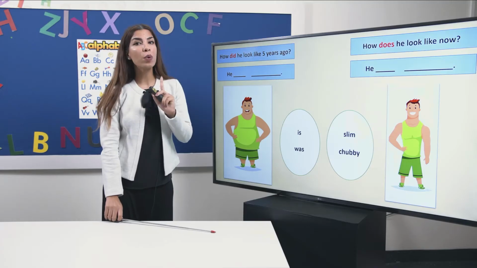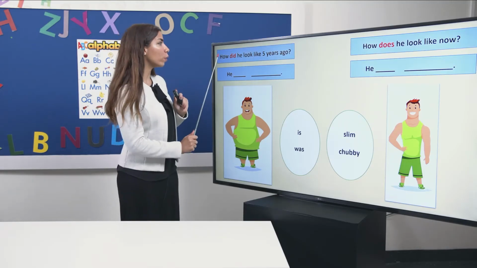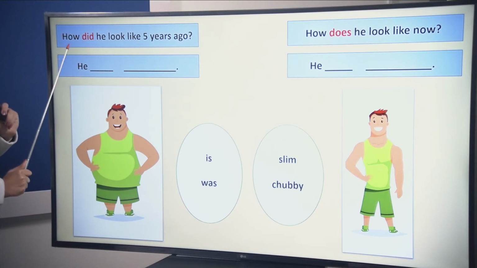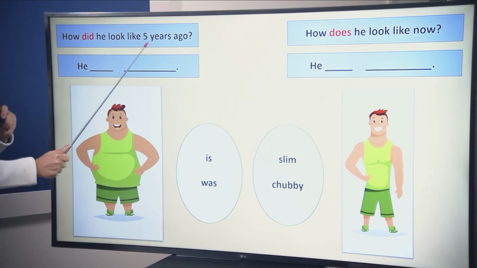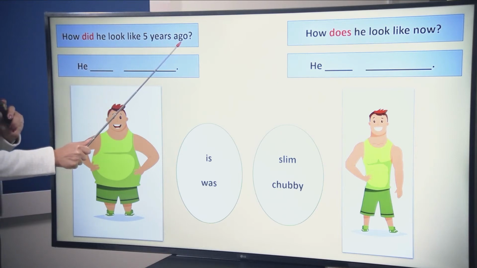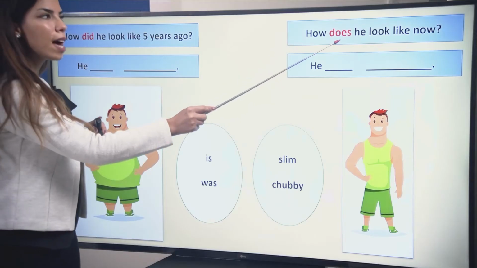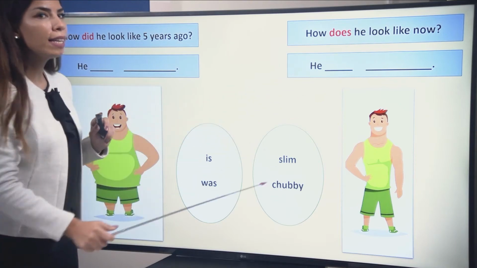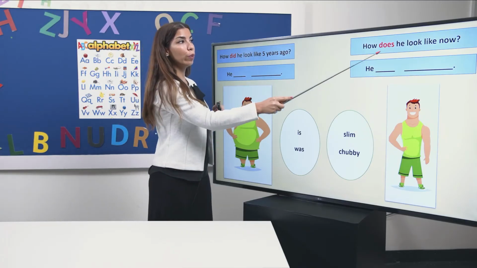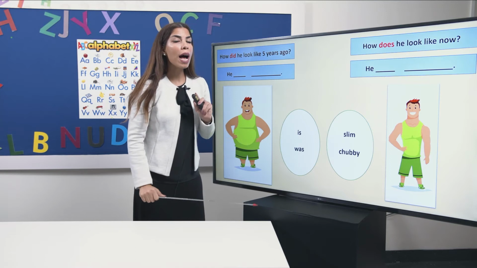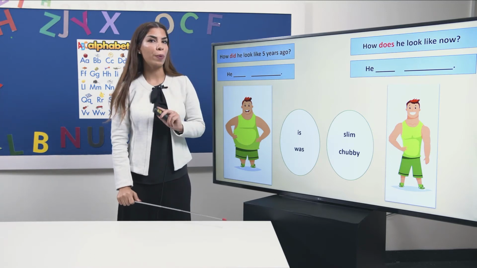When we ask a question in the past, we use did. How did he look like 5 years ago? And in the present, how does he look like now? We used does to ask about a question in the present.